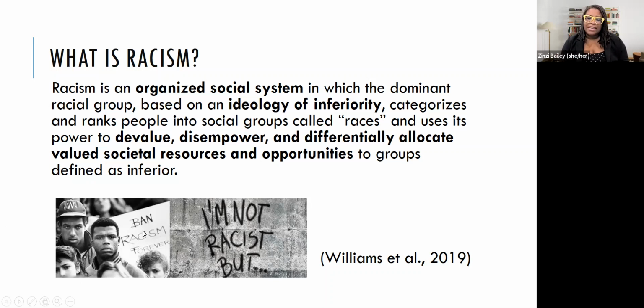Racism is an organized social system in which the dominant racial group, based on an ideology of inferiority, categorizes and ranks people into social groups that we call races and uses its power to devalue, disempower, and differentially allocate valued societal resources and opportunities to groups defined as inferior.